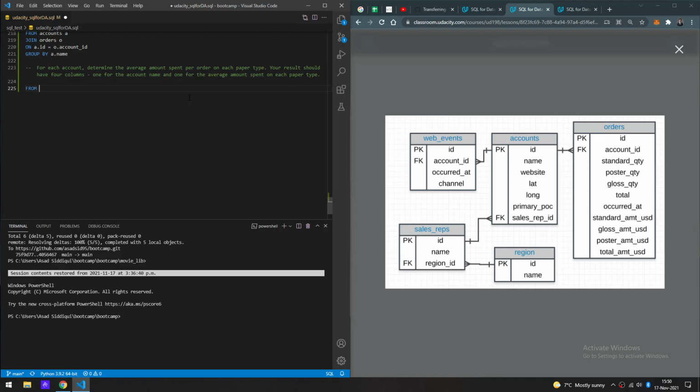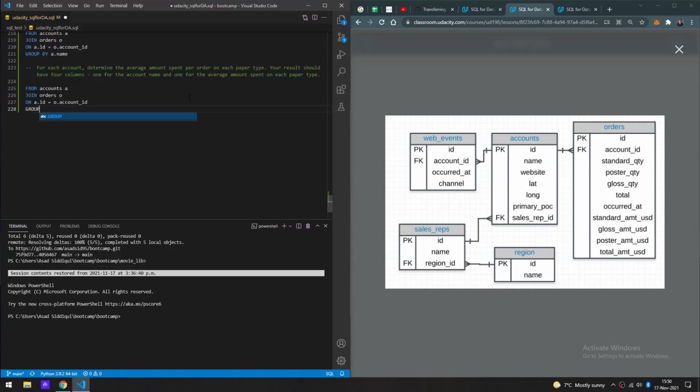So first, getting the data set, we've got accounts, A, join orders, O, and then join on A.id equals O.account_id.